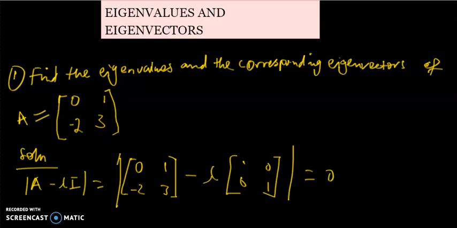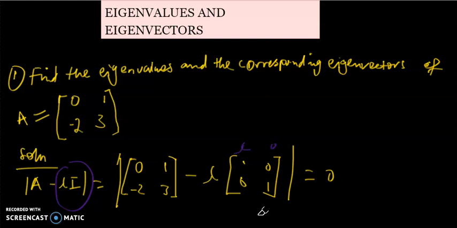You see here, we are supposed to multiply the scalar by this identity matrix. So when we do that, we will simply have lambda multiplied by 1, which gives us lambda. Lambda multiplied by 0 would be 0.